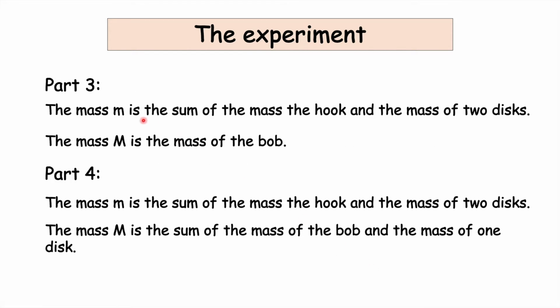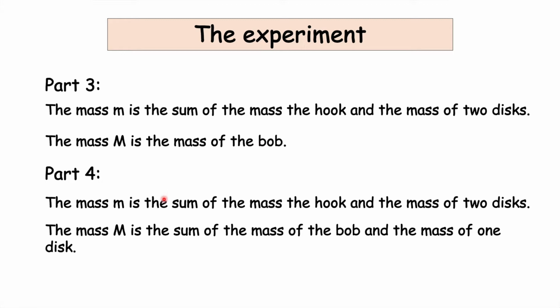In part 3, we change the mass with the lowercase m to be the mass of the hook plus the mass of 2 discs, but the mass with the capital M is just the mass of the bob.